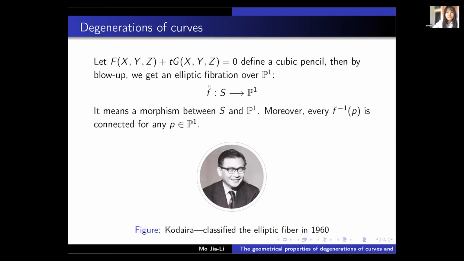We have f from S to P1. It means a morphism between S and P1. Moreover, every f inverse p is connected for p belonging to P1. This is Kodaira. He classified the elliptic fibers in 1960.